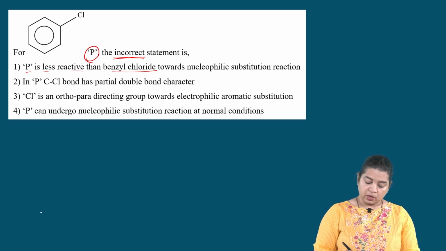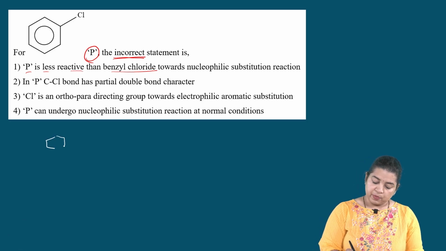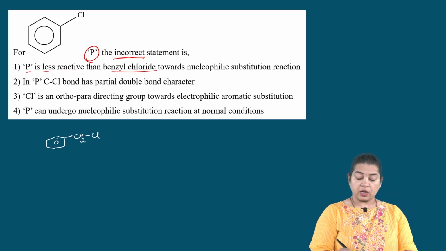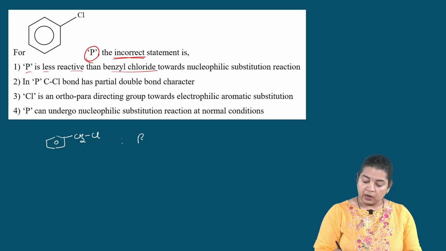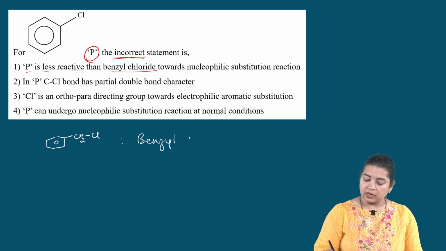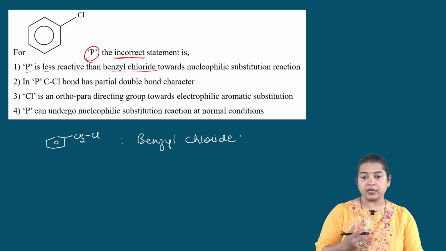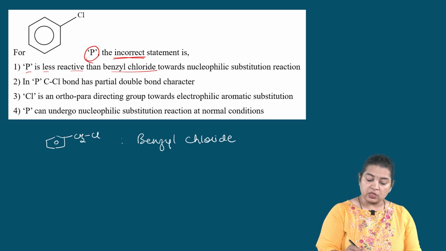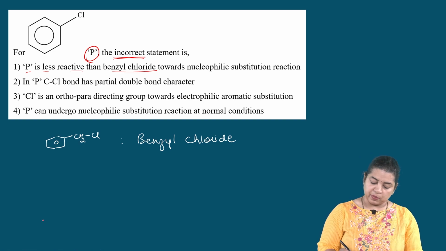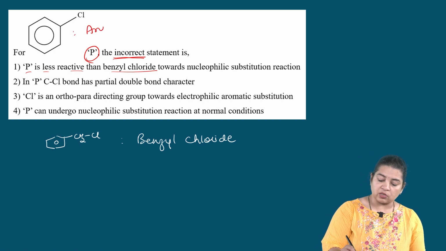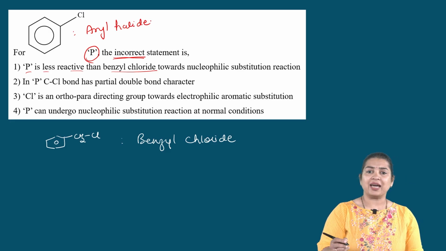Now, what is benzyl chloride? Benzyl chloride is C6H5CH2Cl. This compound, benzyl chloride, is better in reaction in terms of rate as compared to the given compound, which is aryl chloride, or in general aryl halide.